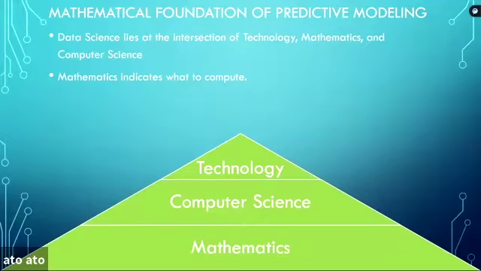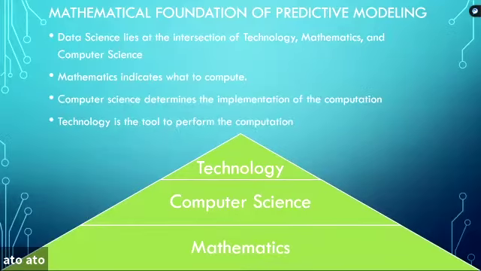And this isn't just because I studied math and I've got a dog in the fight that math is at the bottom of it. It's because there's an order of operations here. Math indicates what to compute. Computer science determines the implementation, and technology is the tool for the computation. So it's not a Venn diagram, it's quite sequential.